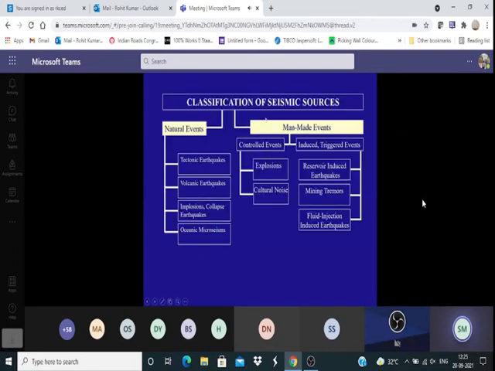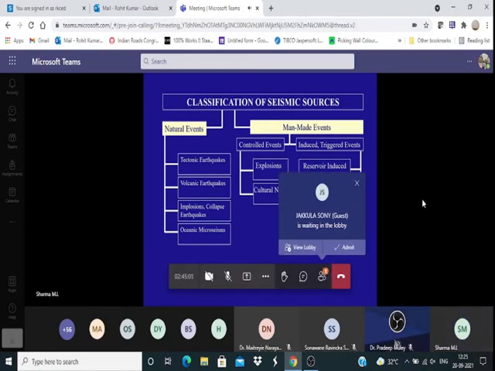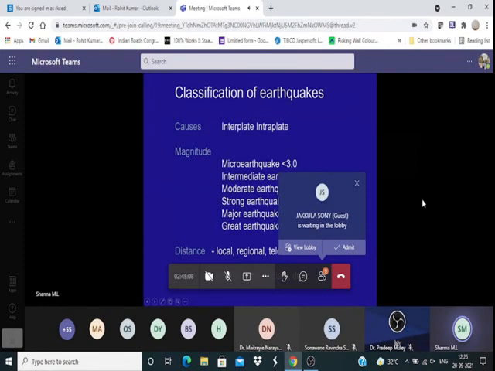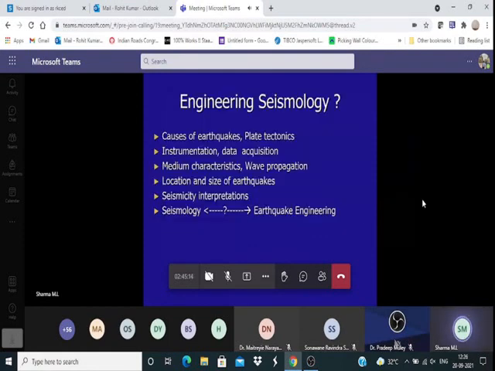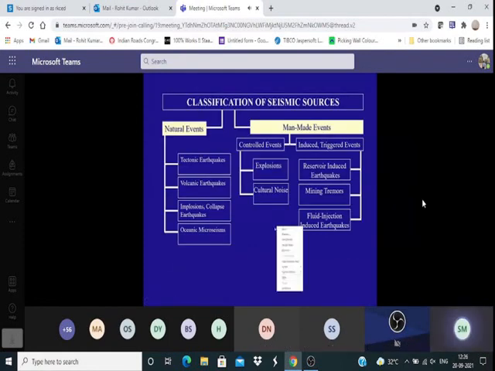Now, if we divide, we want to know what are the sources. So there are two types of earthquake sources. One are natural events and another are man-made events. So in natural events, tectonic earthquake. Tectonic is basically a Greek word, and it means force.